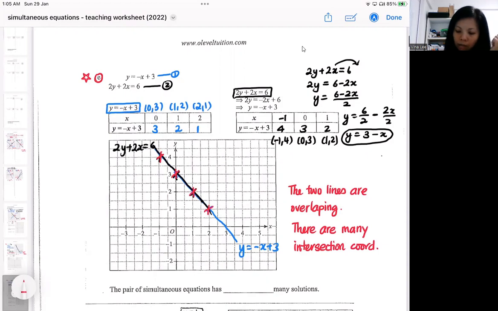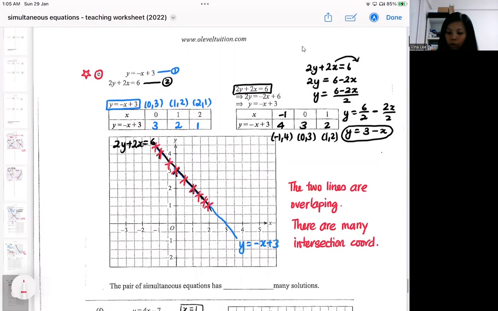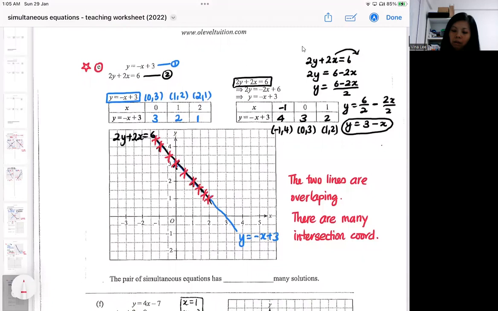So they can meet at a lot of points. So the description here is right. This pair of simultaneous equations has infinitely many solutions. So when the two lines are the same, they will have many solutions. There are too many for you to state any solution. So you will just say that there are infinitely many solutions.